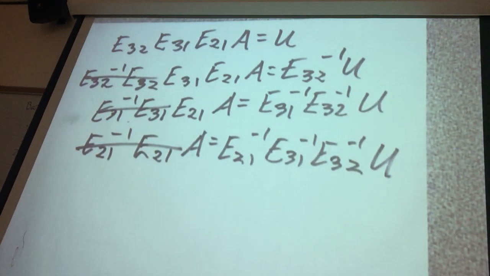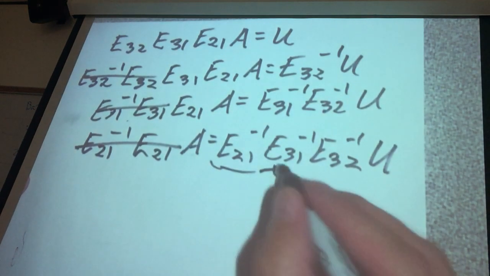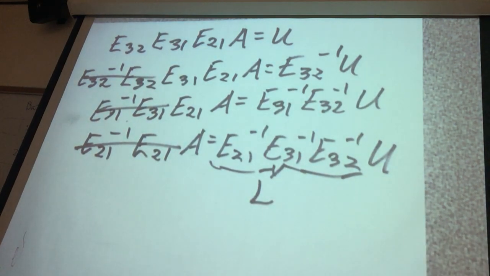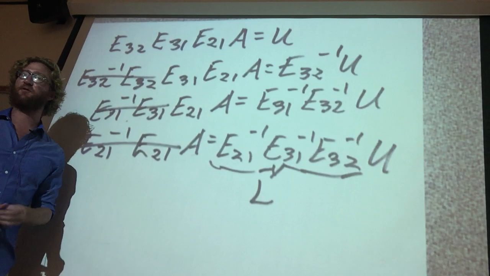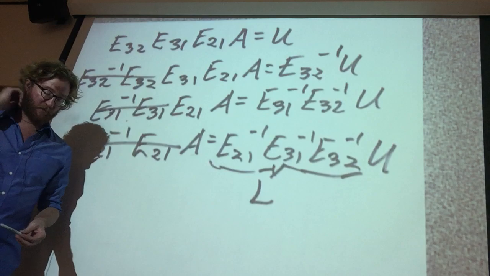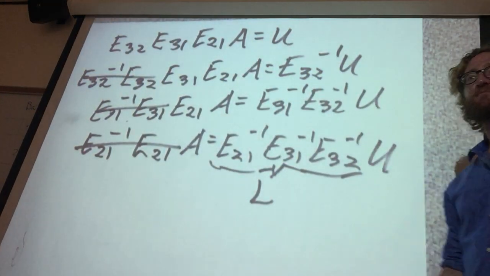So the LU factorization of this guy, what is the L? That's the L. So the inverse of the elimination matrices end up forming the lower triangular form of the matrix. Now we have to think about how I would find the inverse of these matrices.